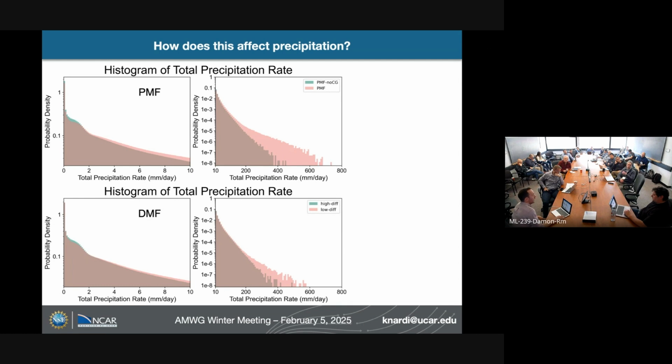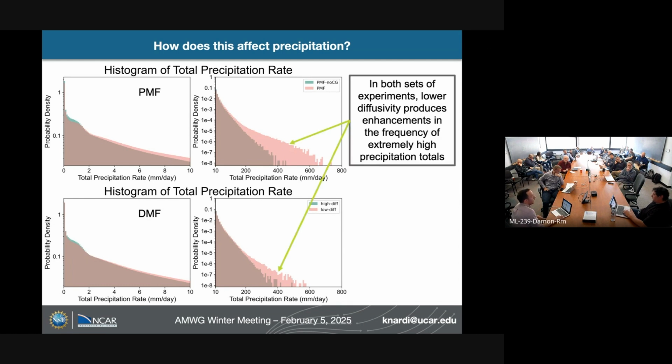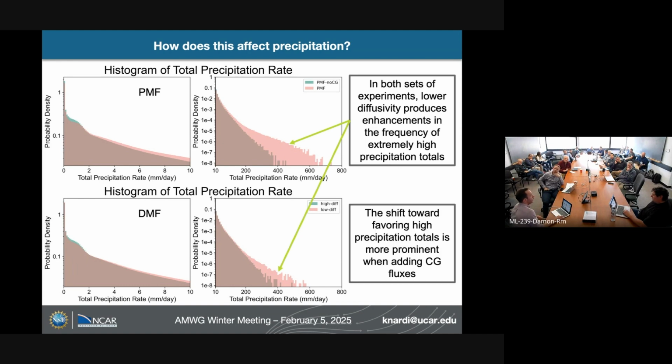And what we're seeing is that in both cases, lower diffusivity is producing enhancements in the frequency of the highest precipitation totals. But the shift toward favoring high precipitation totals is more prominent when adding countergradient fluxes. And we feel that's consistent with the higher magnitude response we saw in the upward vertical velocities near the equator, and also the equatorward low-level flow that we were seeing.